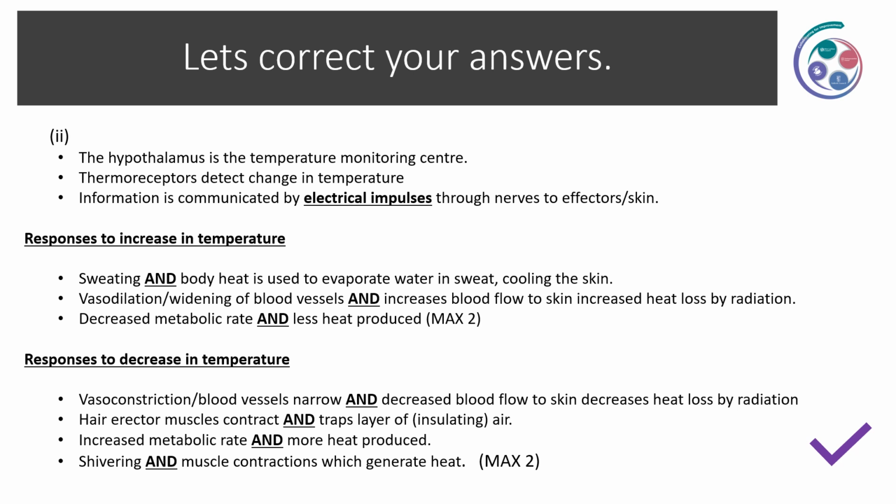You must, however, have the other part of the sentence to be awarded that mark. So you must have sweating, and body heat is used to evaporate water in sweat, cooling the skin. In terms of responses to a decrease in temperature, you have 4 options here, and again, you can be awarded maximum 2.